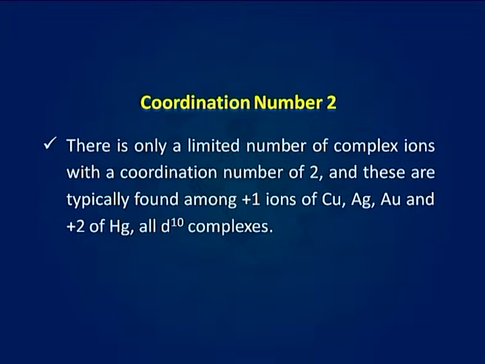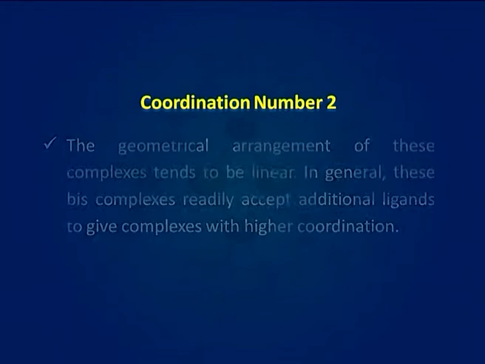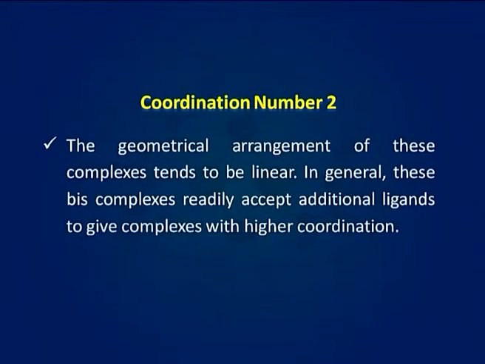These are all d10 complexes, that is, these all have 10 electrons in the d subshell of the outermost shell. The geometrical arrangement of these complexes tends to be linear. In general, these bis complexes readily accept additional ligands to give complexes with higher coordination.